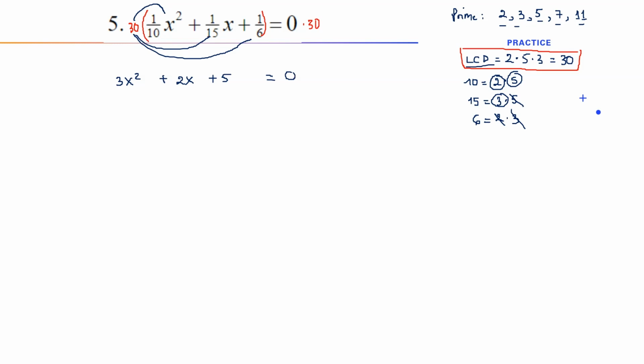That equals 0. Anything multiplied by 0 is 0. So now from fraction coefficients, we find an easier, nicer looking equation, and now we can solve for it.